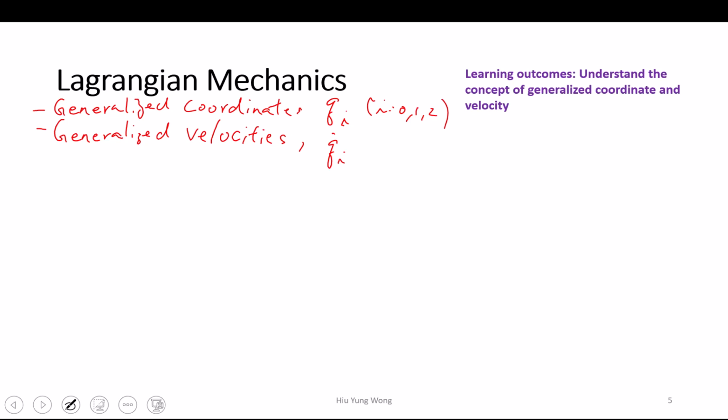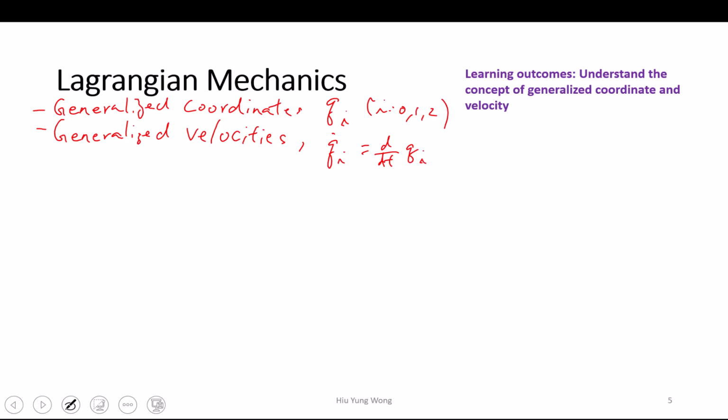I just define the quantity. If it's one-dimensional, then I have just q, and then q dot, which is the rate of change of q. So we have these two quantities, nothing special, right?